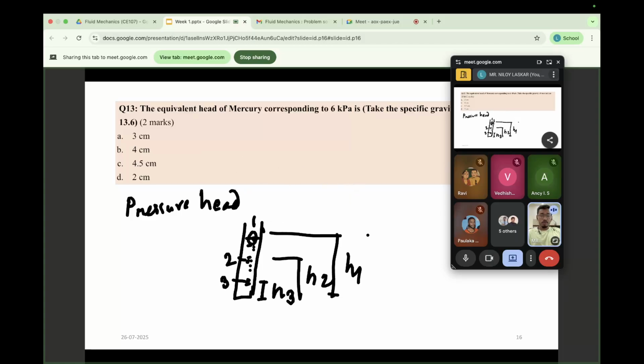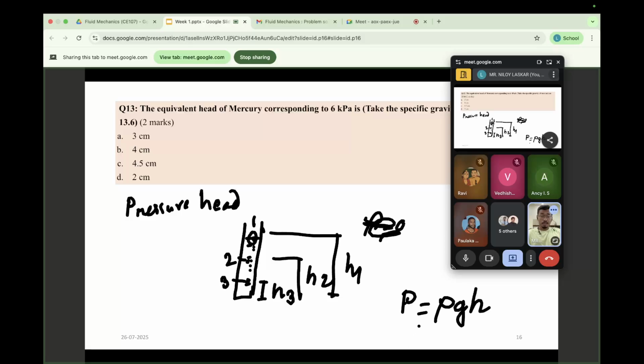So I am erasing all these things. Now let's leave this. We know that P equals rho g h. In pressure, we always represent it in terms of height.